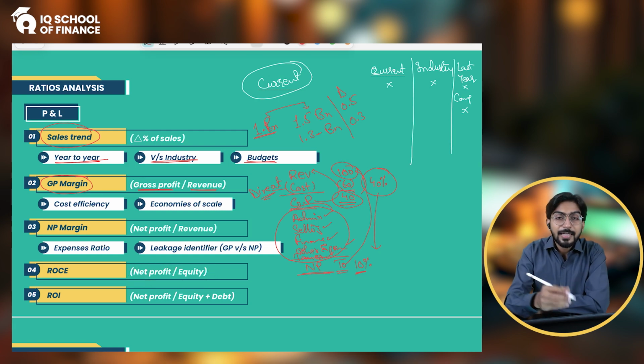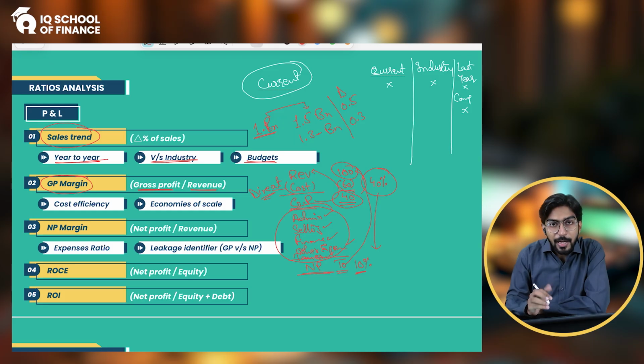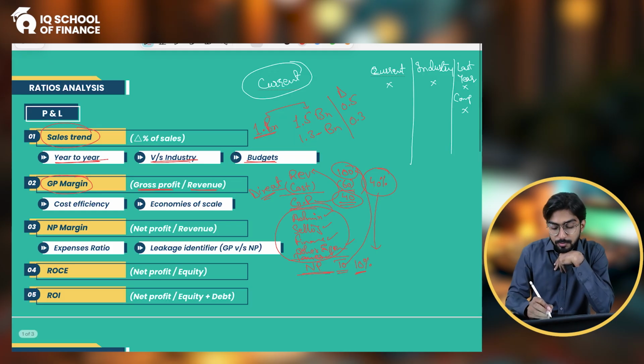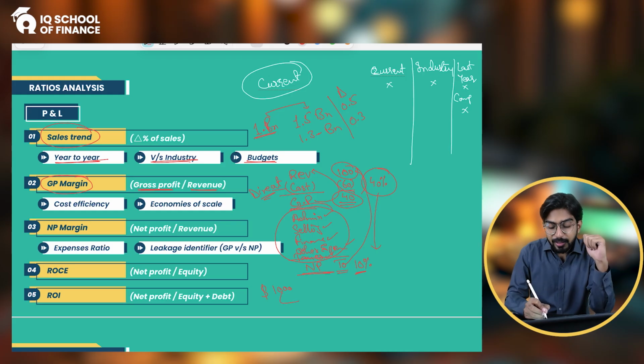And you know what it actually tells you? It actually tells you that, for example, if there is one shareholder, let's say that I have invested $1,000 in one company, and that company gave me the dividend of $100 at the end of the year.